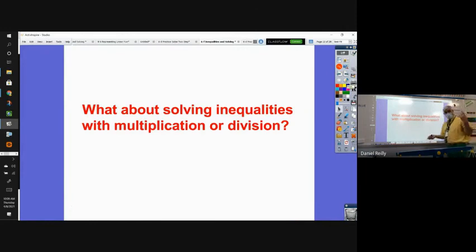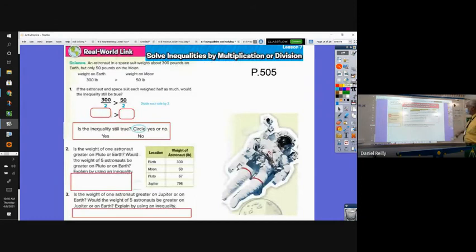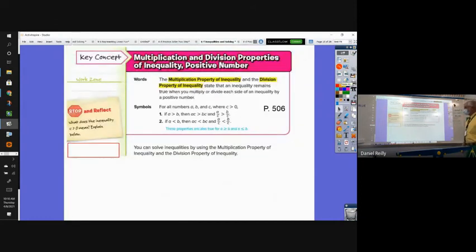All right, so that was adding and subtracting one-step inequalities. Multiplying and dividing one-step inequalities is going to bring the main difference between solving equations and inequalities. I'm going to skip this and go to this, which says an inequality remains true if you multiply or divide both sides by a positive number.